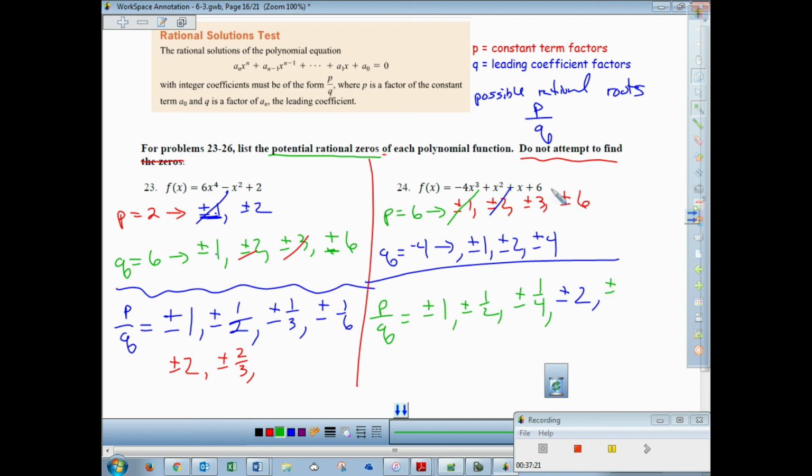Now all the 3's. Plus or minus 3 over 1, I don't have that. 3 over 2, I don't have that. And 3 over 4, I don't have that. One last guy left.